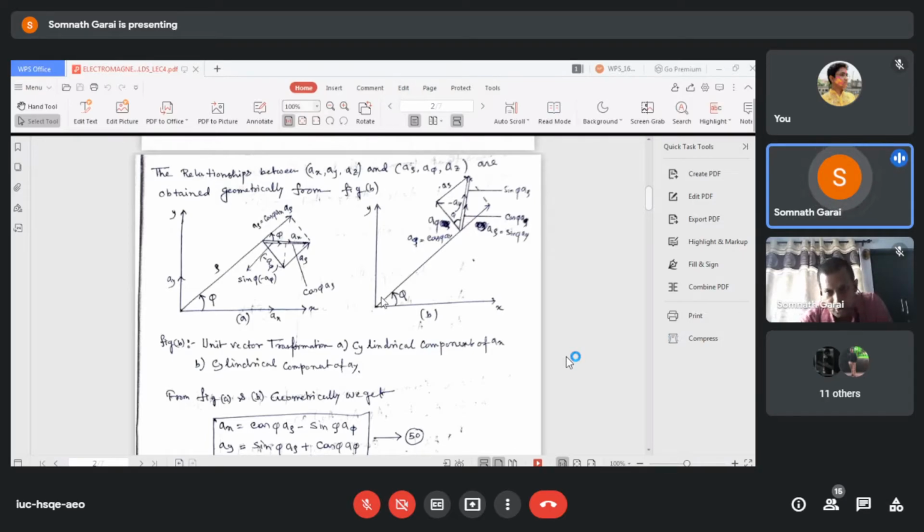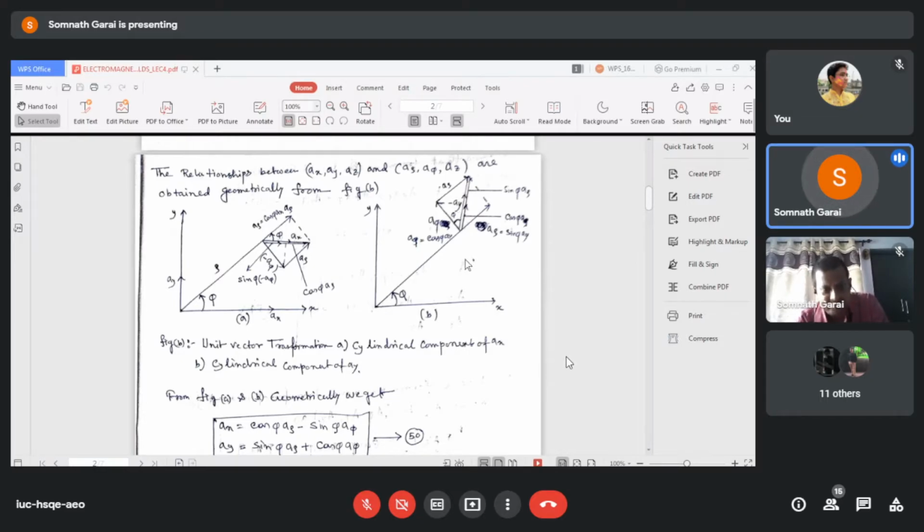According to that, this direction is rho, and this direction is phi. So this is the a rho vector, this is the a phi vector. Now according to the geometrical hypothesis, this angle is phi, right? This is also an a rho vector, and this vector and that vector are parallel.